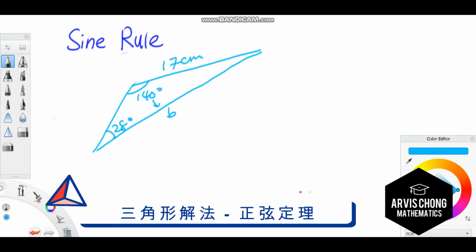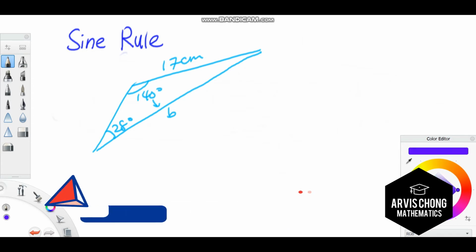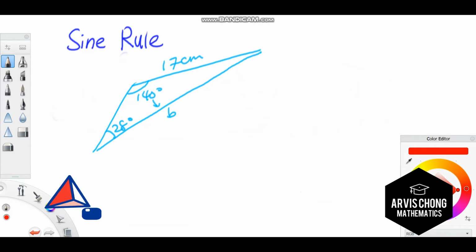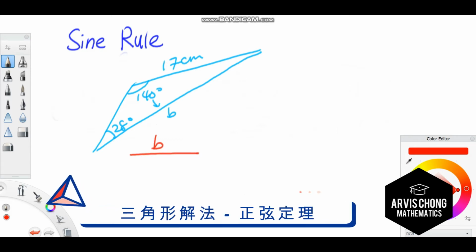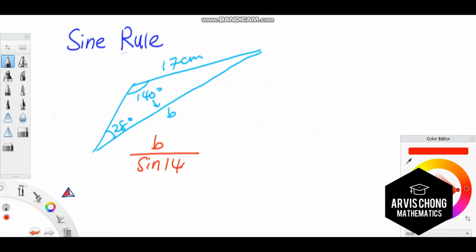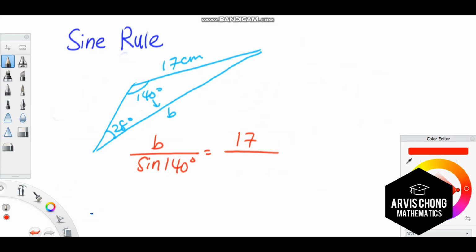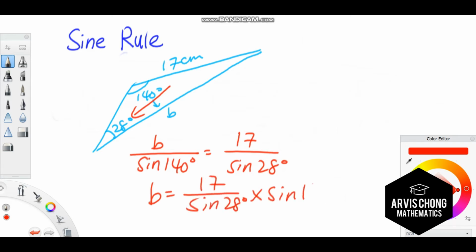Same as the previous example, the question asks us to find the length, so we start from b over sine 140 equals 17 over sine 28. So b equals 17 over sine 28 times sine 140, which gives 23.3 cm as the final answer after rounding to 3 significant figures.